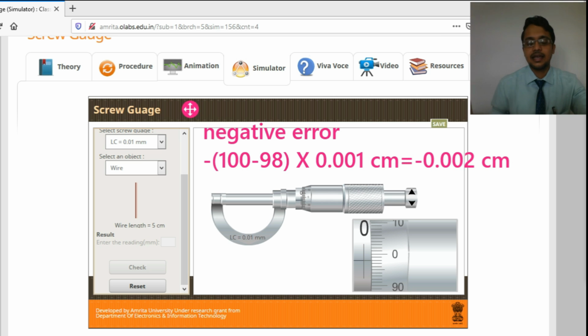At the end of the experiment we will remove this negative error by subtracting it from the measured diameter. So I am writing on one side this negative error value: minus 0.002 centimeter. Clear? I am erasing this part now.